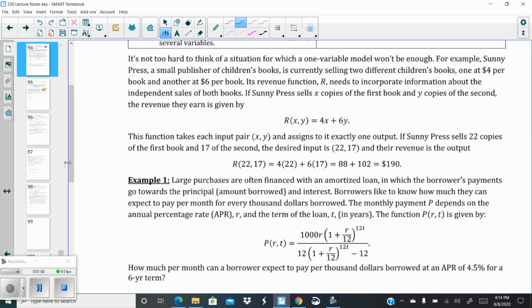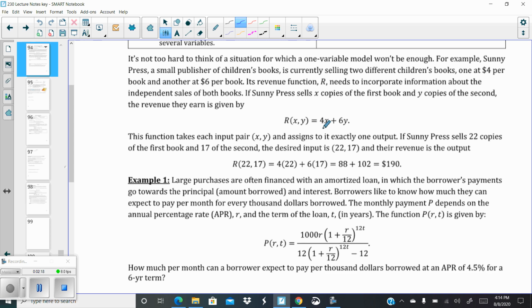So now instead of f of X, it's something of two different variables, where the function is given as 4X plus 6Y, because it was $4 for the X books and $6 for the Y books. So the function takes each independent pair, X and Y, and assigns it to exactly one output.